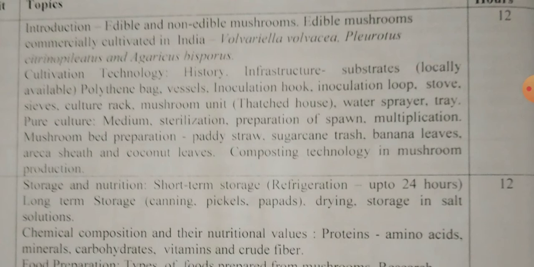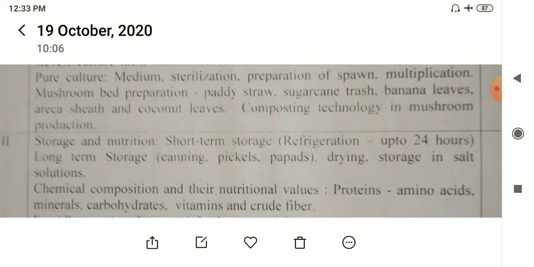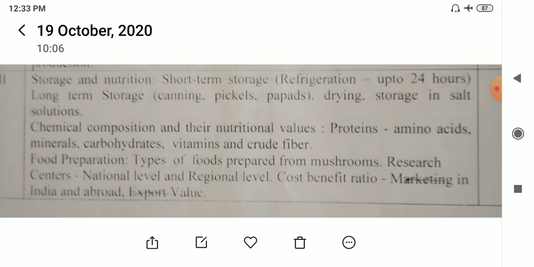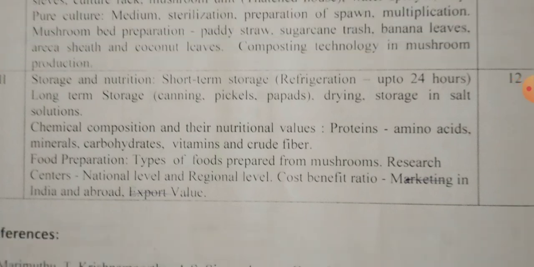In the second unit, we will have their utilization. In the first unit you will study the cultivation, types of cultivation and types of mushroom. In the second unit, we will have their values, that means how to store these mushrooms for the long and short duration.